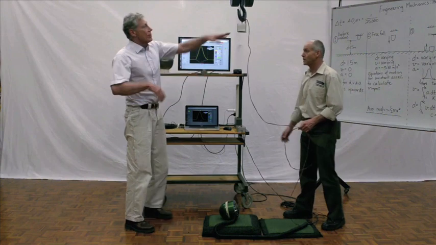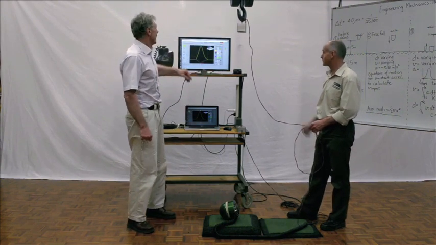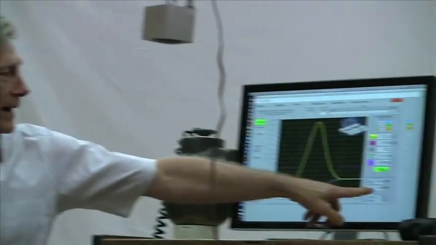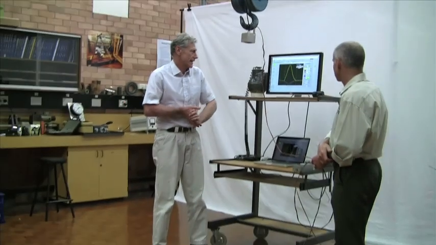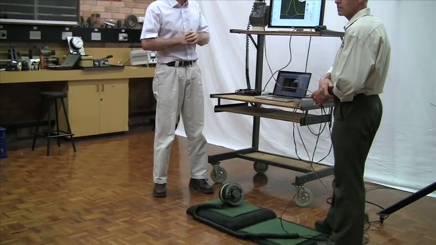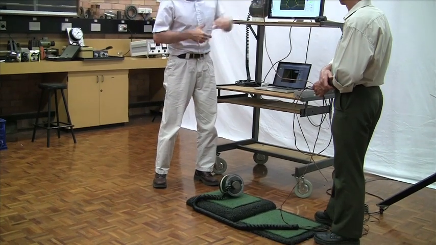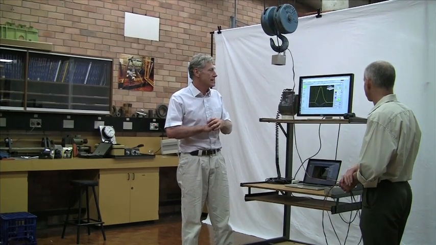So we dropped from 1.5 metres and you saw it bounce, and the software worked out the bounce at 628 millimetres. It worked out the fall height at 1481. It did that using equations of motion.